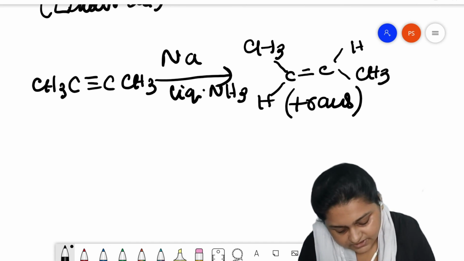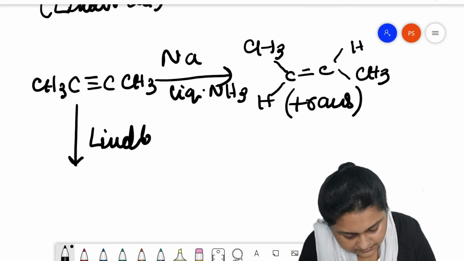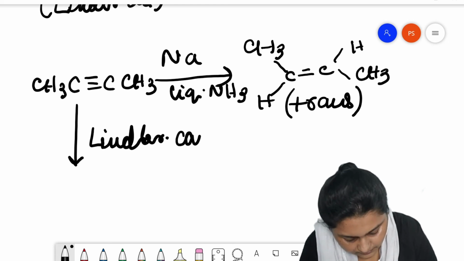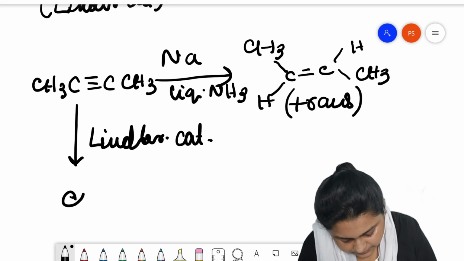And when this interacts with Lindlar catalyst, the cis isomer will be formed.